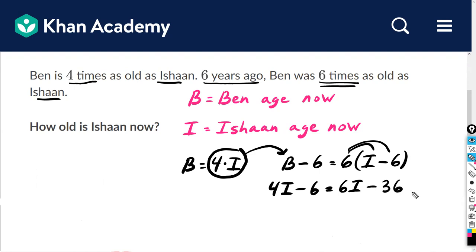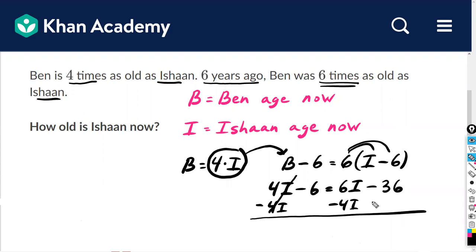Okay, now we want to get variables on one side and constant terms on the other. So since there's a 4I here, I'm going to do minus 4I on both sides. And 4I minus 4I cancels. And since I have the I's over here now, I want the constant term on the left.